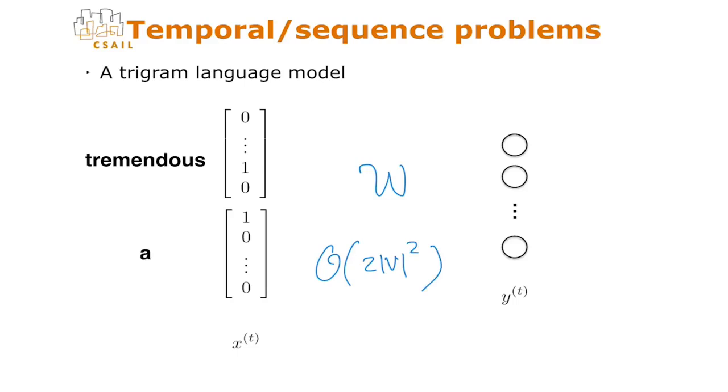So we use much fewer parameters to specify this model. As a result, it is not as general, but it is much more feasible in terms of the number of parameters that we have to estimate.